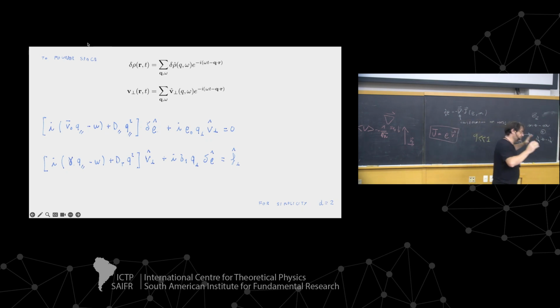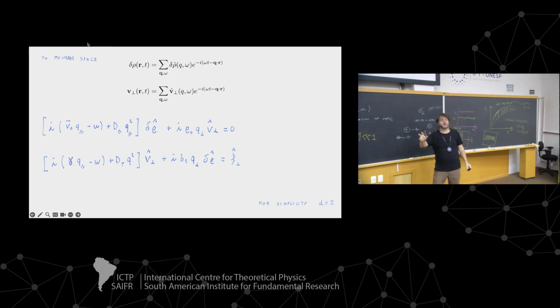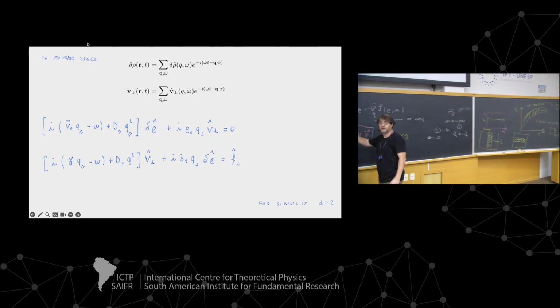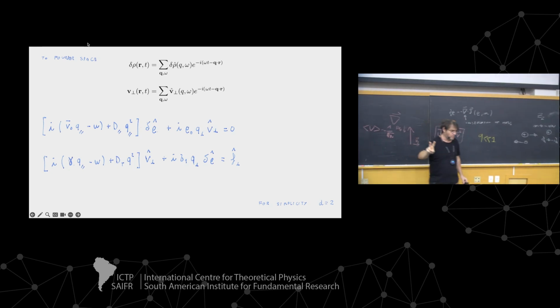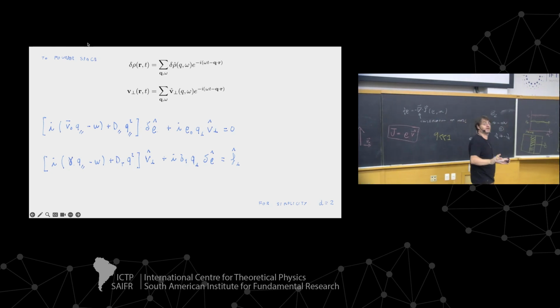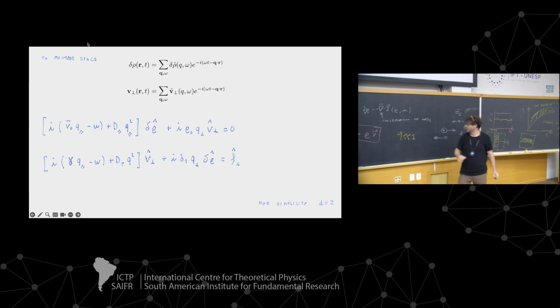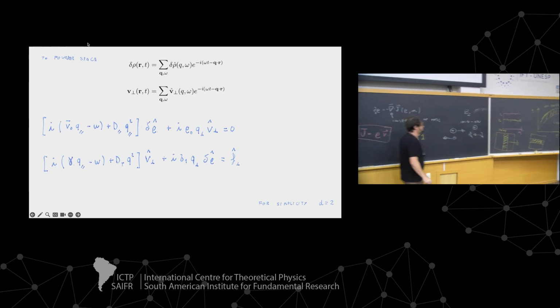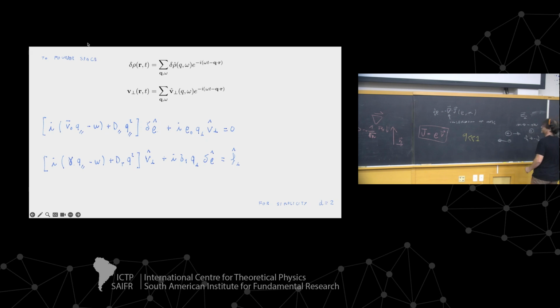Now you have, even better than before, only two fields, two coupled equations. These are algebraic equations. You fix the wave number. You have these longitudinal and perpendicular wave numbers with respect to the direction of motion.